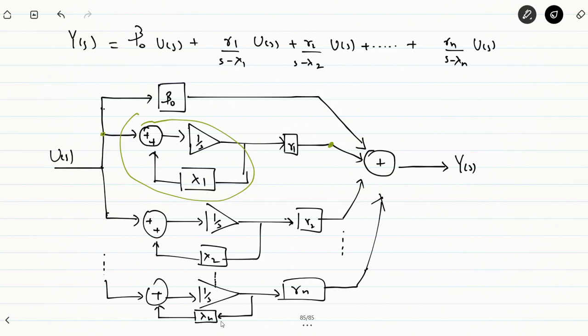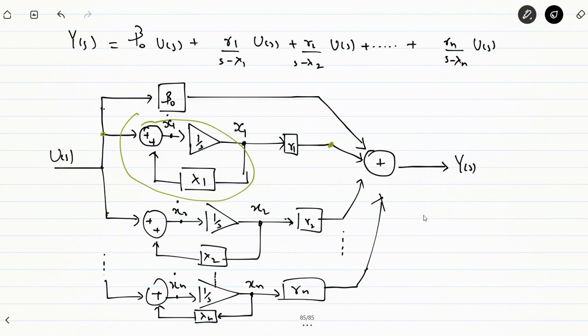Now, as we know, there will again be a set of n integrators, and after each integrator we can assign a variable. Let this be x1, this be x2, and so on up to xn. Therefore, before the integrators we'll have x1 dot, x2 dot, up to xn dot.